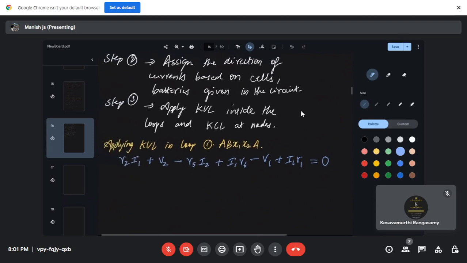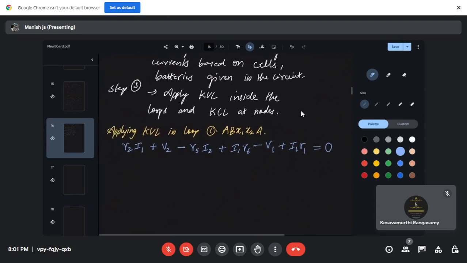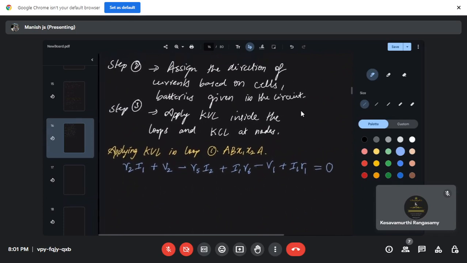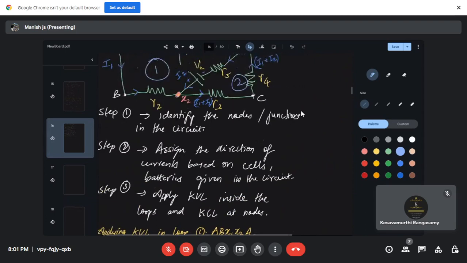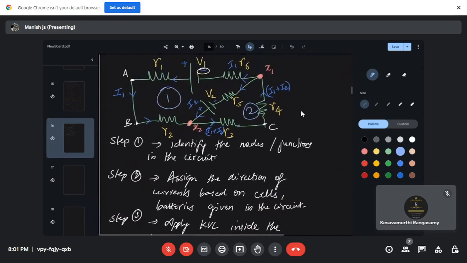This is how you are going to apply Kirchhoff's voltage law inside the loop. I hope it is clear. Sometimes it might be confusing, but once you understand the rules, it is very simple. Now, the same way, shall we try to apply it for the second loop? What is the second loop here? It is X1, X2, C, X1.